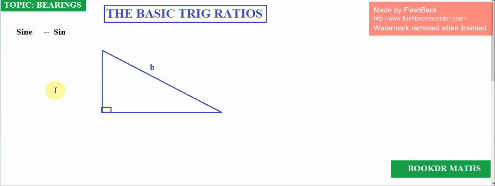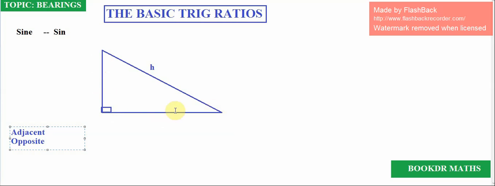Let me write these names down: adjacent and opposite. In fact, this line can be adjacent, or it can be classified as opposite.